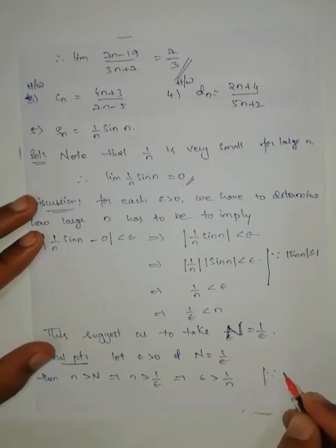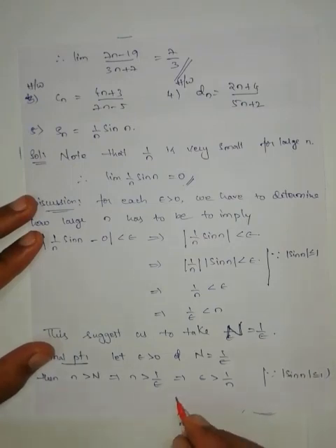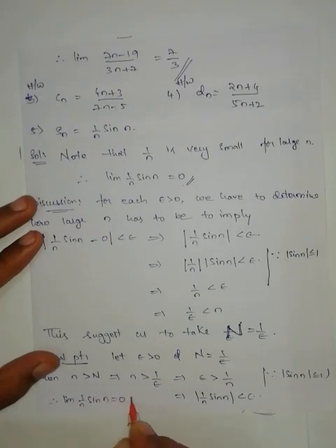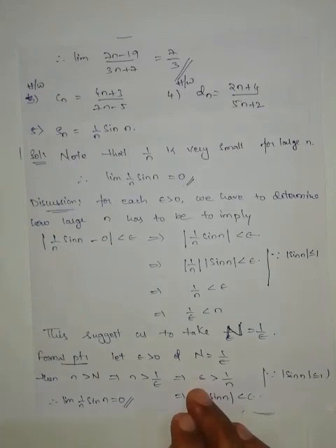Since modulus of sin n is less than or equal to 1, this one can be written as modulus of 1 by n sin n is less than epsilon. Therefore, limit of 1 by n sin n is equal to 0.